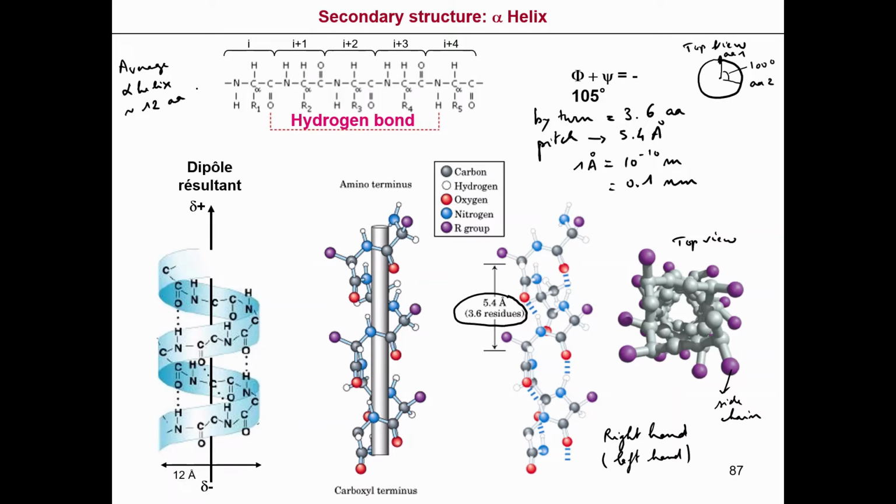You can have 50 amino acids for a long alpha helix. 12 amino acids correspond to approximately 3 turns, so you will have approximately a length of 18 angstrom. This is the average data about alpha helix.